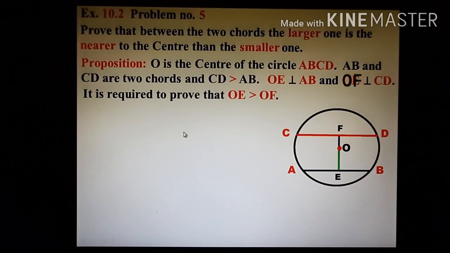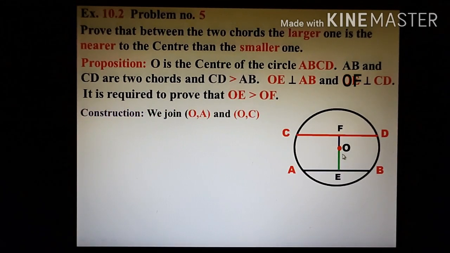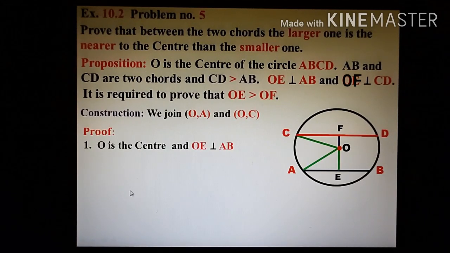Okay, so my dear, what will be our construction part? Yes, it is time to join CO and OA. So my dear, we have joined OA and OC. Now, step number 1.